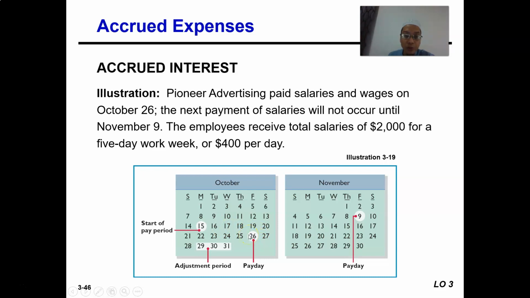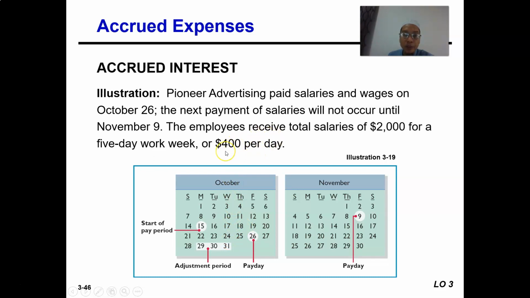That is 2 weeks of pay, 2 times a 5-day work week. Monday, Tuesday, Wednesday, Thursday, Friday is 1 five-day work week. And then 22nd, 23rd, 24th, 25th, and 26th October is the second 5-day work week.